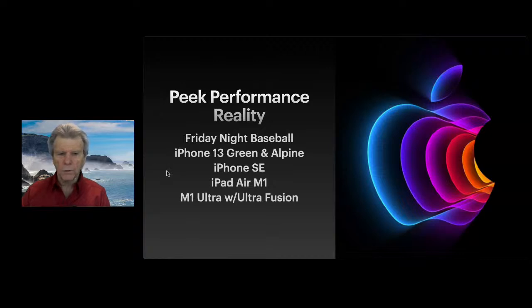And then the big news that nobody really was sure about, that people were hoping for, was a new Mac called the Mac Studio. So this is basically a Mac Mini on steroids. And the M1 Ultra with UltraFusion can power that Mac Studio.